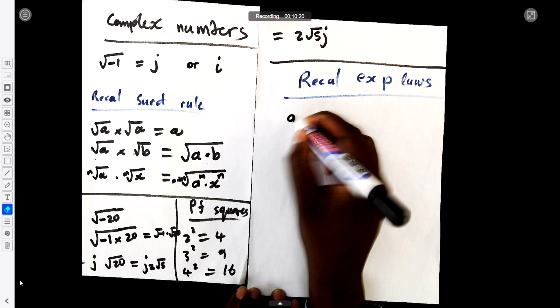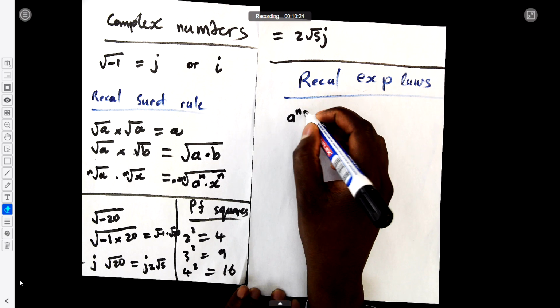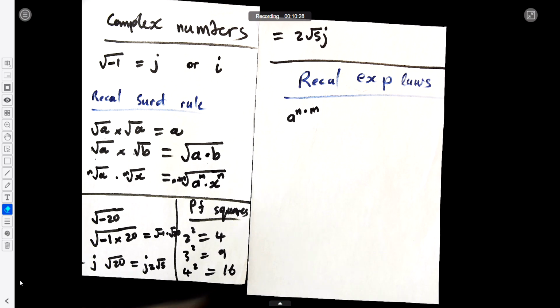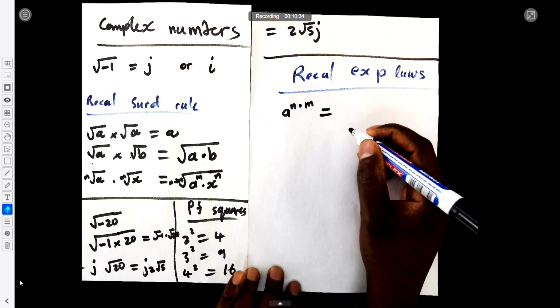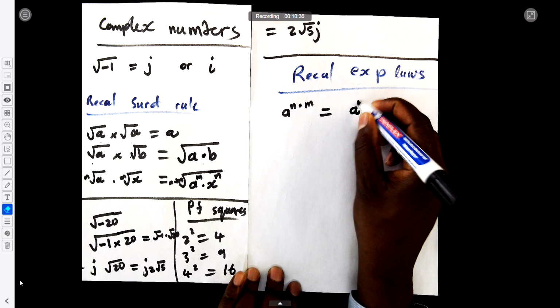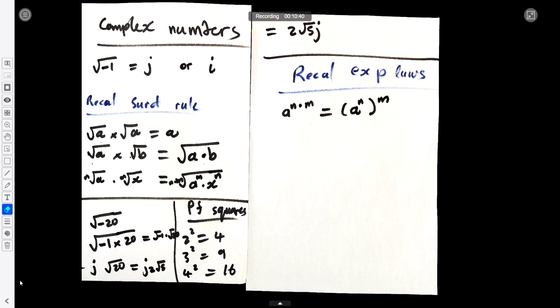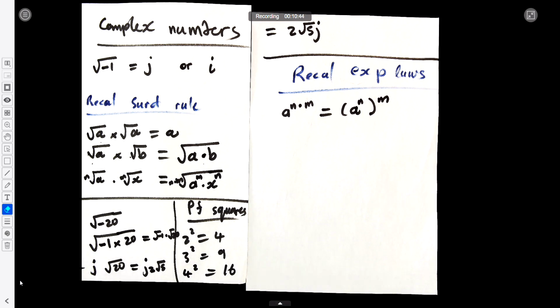If we have a to the power of n, let me start with this one, times, let's say, n times m, the exponent is n times m. The exponential law states that if we have multiplication, we can factor out one exponent. So we factor out the exponent there, which is m.